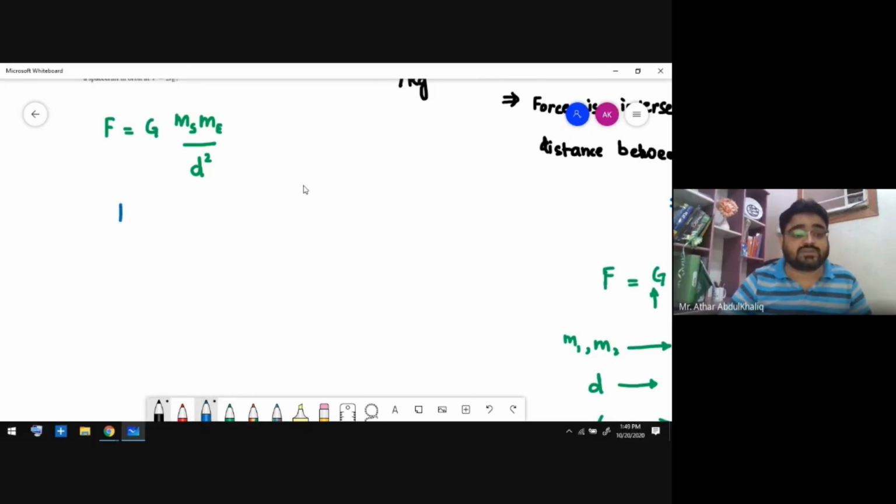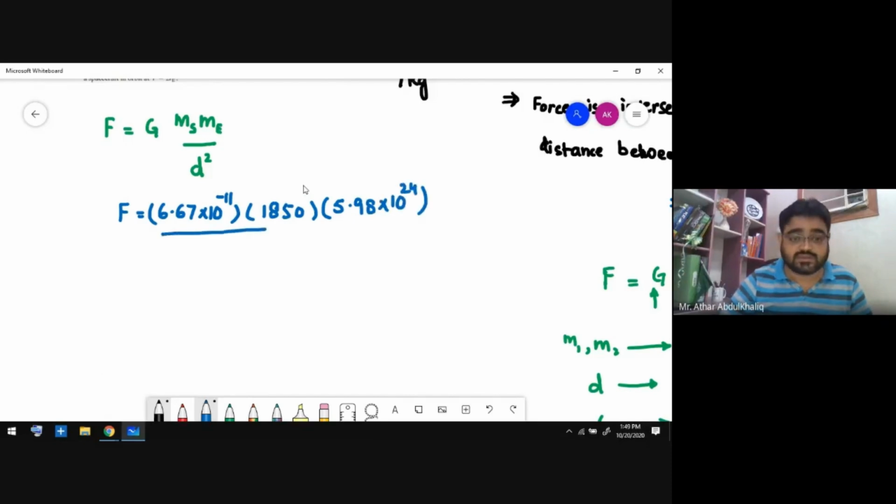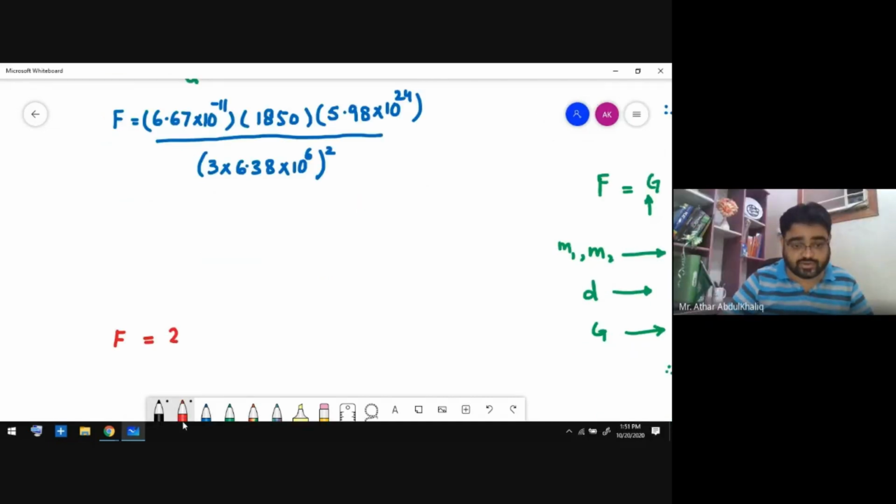So F is equal to G, which is 6.67 times 10 to the power negative 11, times MS, the mass of satellite, 1850 kilogram, times the mass of the earth, 5.98 times 10 to the power 24 kilogram, divided by the distance we just wrote, which is 3 times 6.38 times 10 to the power 6, and there is a square on it. 2014 Newton.